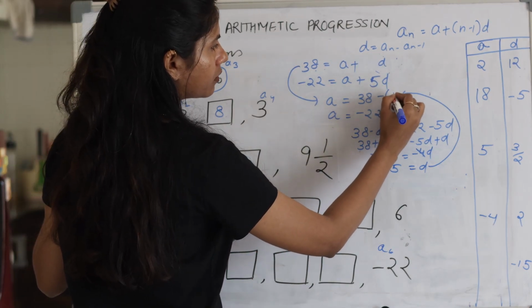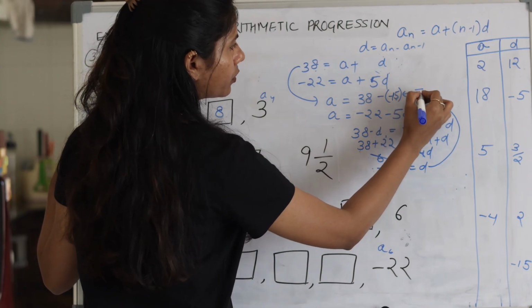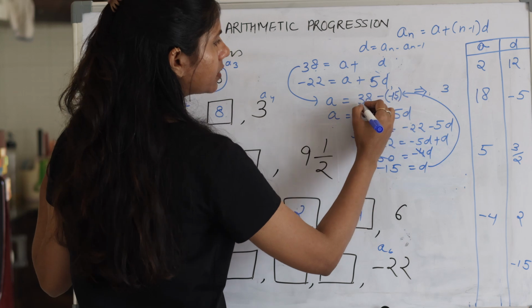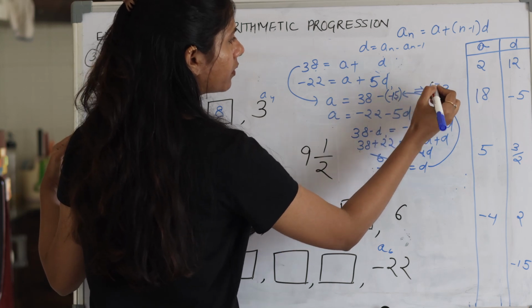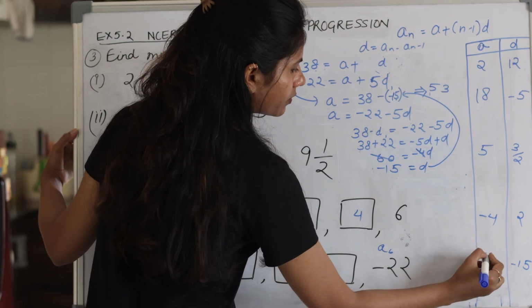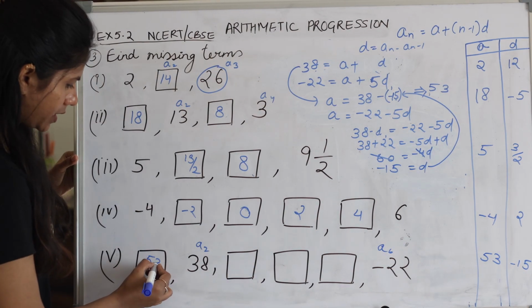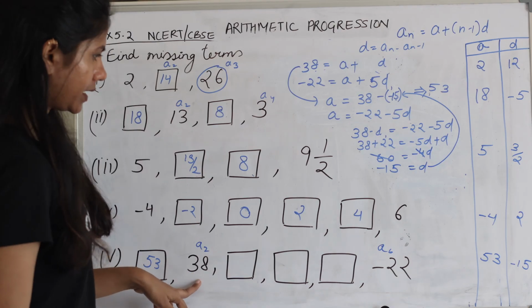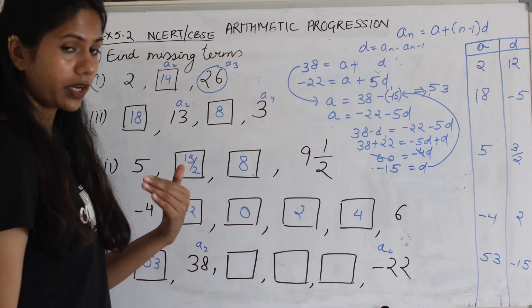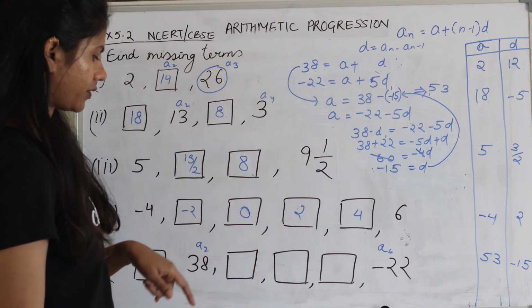15, which will be equal to 53. Okay, so A is 53 here. A is 53. A2 is 38. Now 38, and we have to place the D here. So 38 plus minus 15.